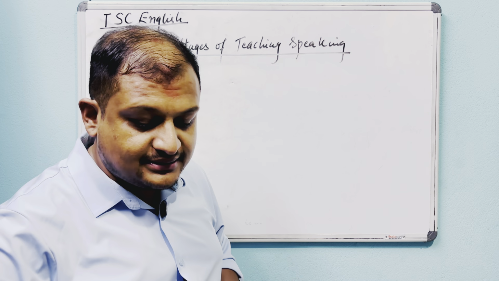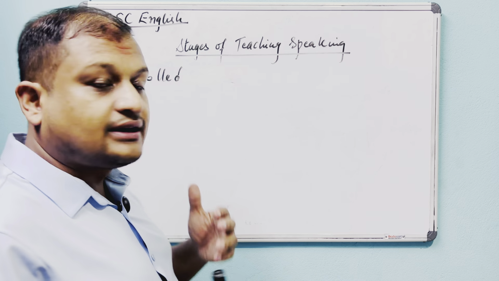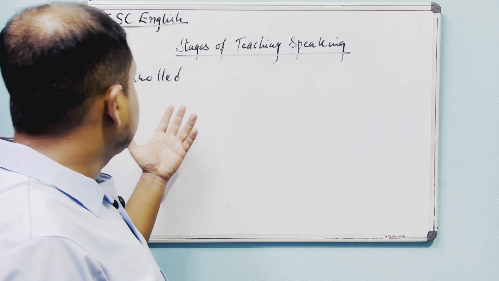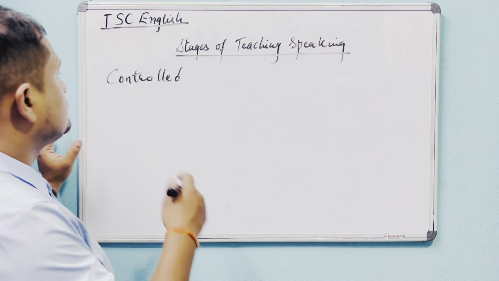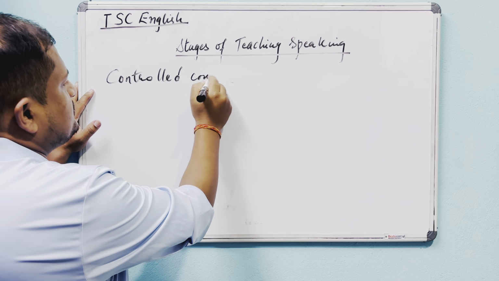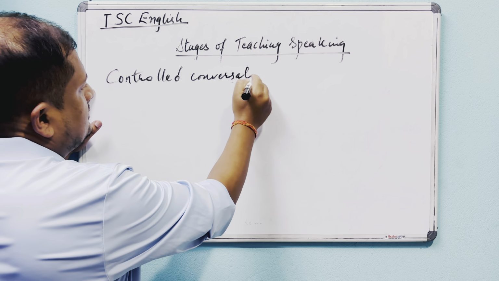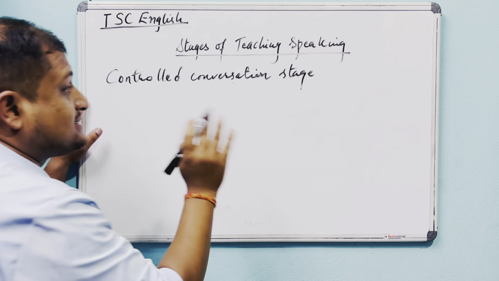They hold their hands and help them walk, to practice walking. That is how they are controlling their walk. And here, students are being controlled by the teacher in the beginning to learn to speak. Controlled conversation stage, the second stage.